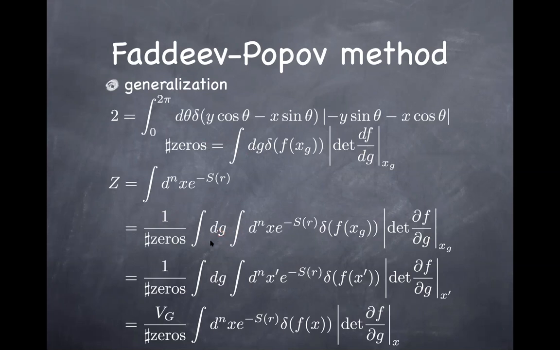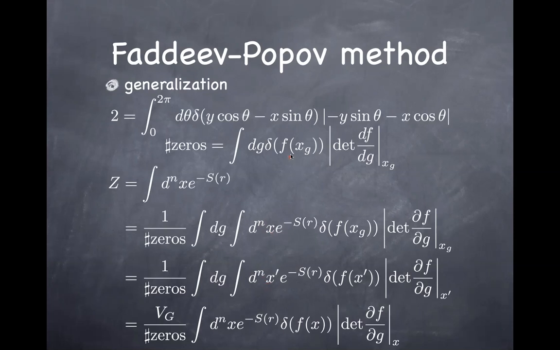So if I perform this dg integral first, then I'm guaranteed that I have not changed the result. Now, I change x to x prime, knowing that this measure is supposed to be invariant under the symmetry. This integrand also is invariant under symmetry. That's how we started out, by assumption. So I can switch from the x integral to the x prime integral.